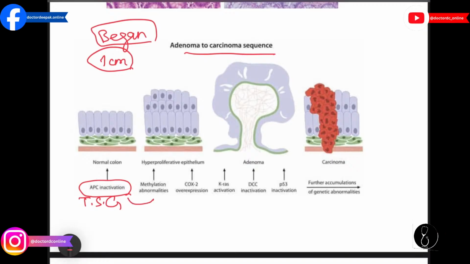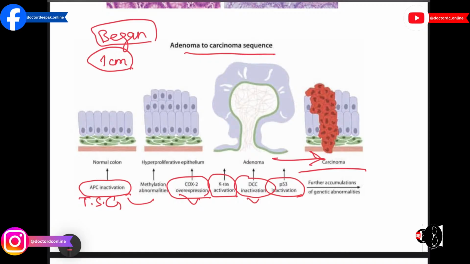After that, due to COX-2 overexpression, KRAS activation, DCC inactivation, and P53 inactivation, the adenoma converts into carcinoma. But here the lesion is very small, and secondly it is a tubular adenoma, so the most likely responsible gene is APC inactivation.